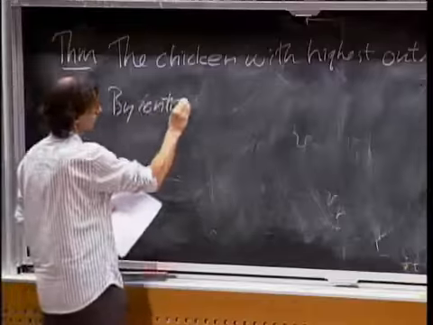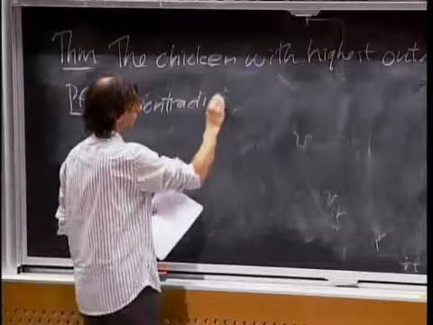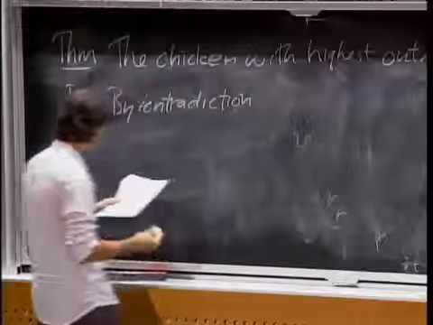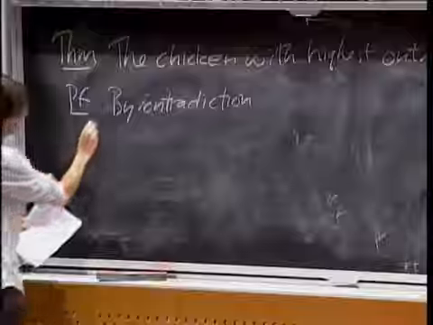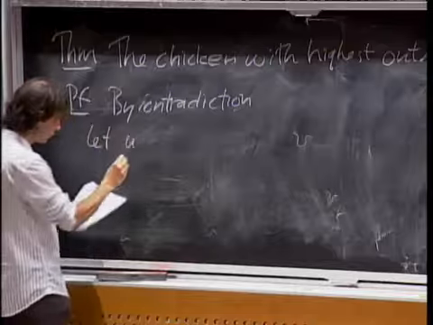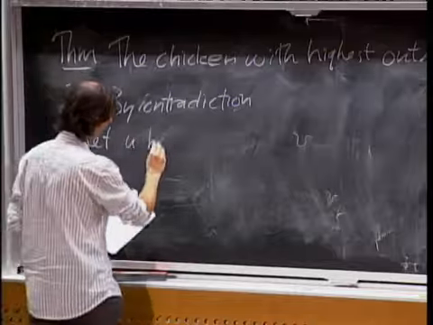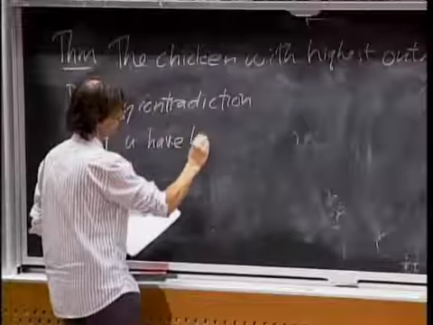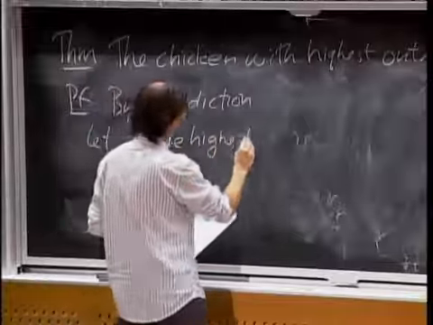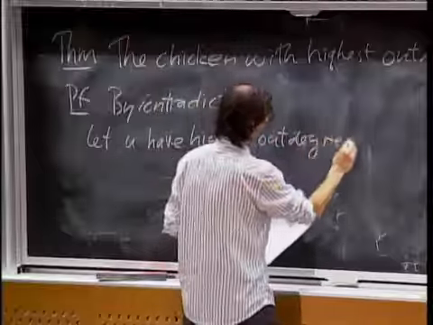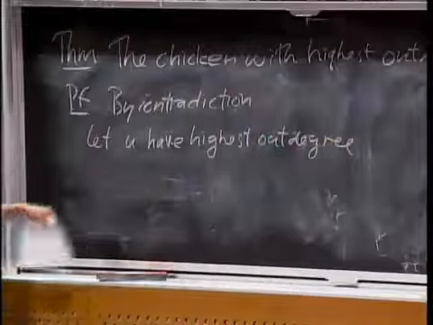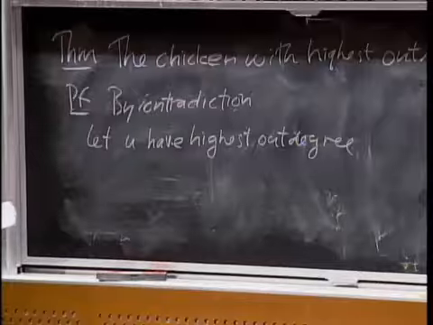So by contradiction, first of all, let U have the highest out degree. And we want to show that this U is king, so let's assume the contrary.